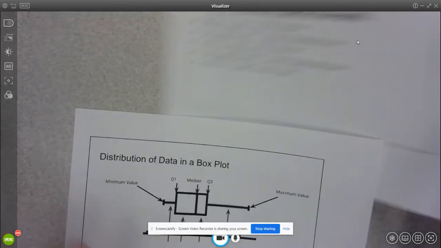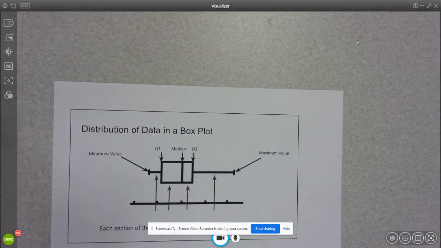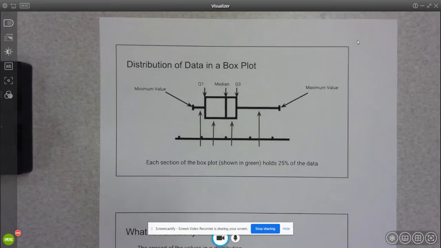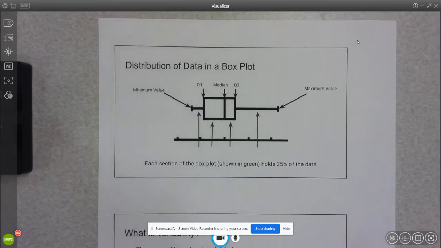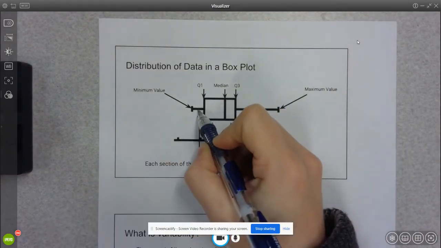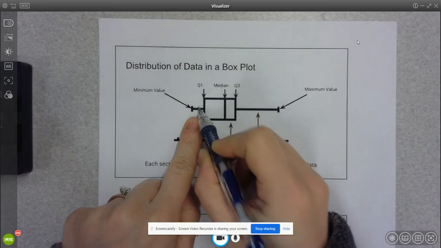Another important thing when we're looking at a box plot is that there is 25% of our data in each chunk, so to speak, of our box plot. So here, this whisker is 25%.